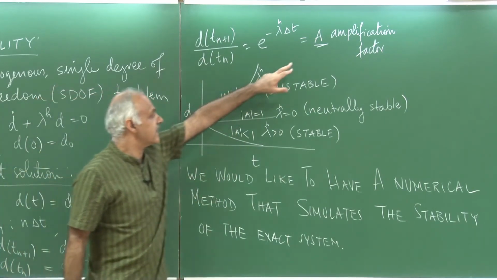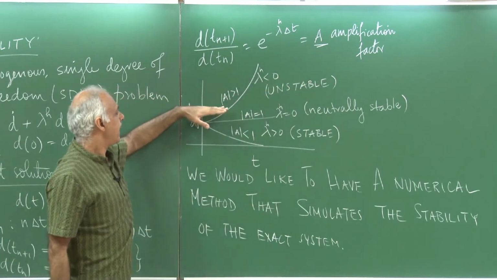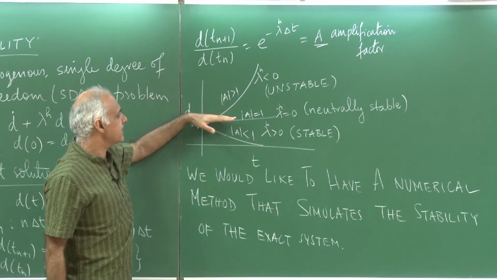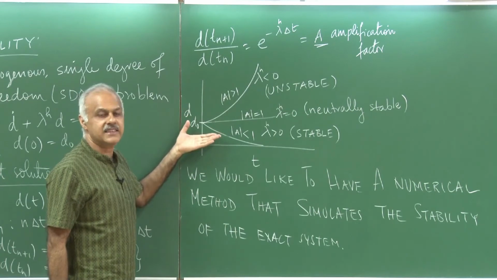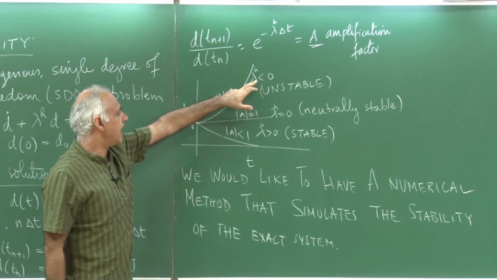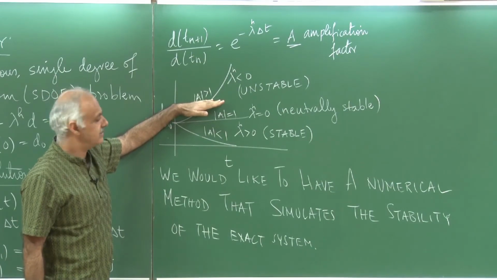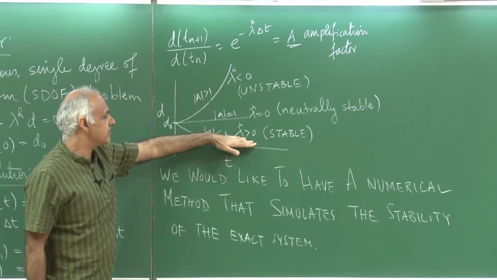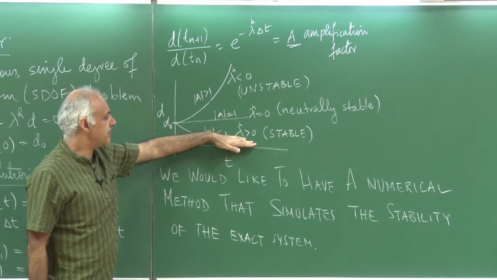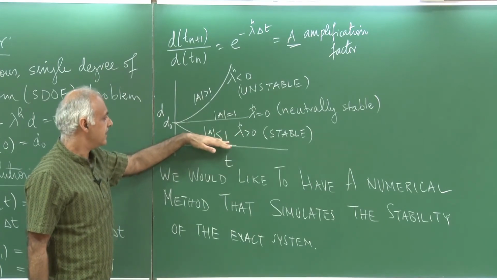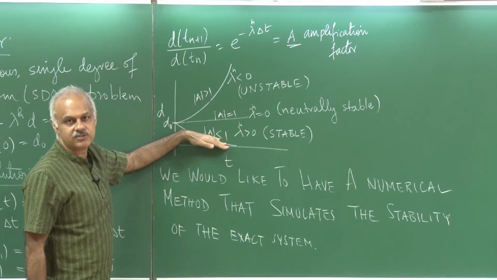So, this is something that I can look at: if I find the amplification factor of my numerical scheme, then for lambda h less than 0, this is how I would like it to behave, and if lambda h is positive, that means I am dealing with a stable system, then indeed the amplification factor should be less than 1.